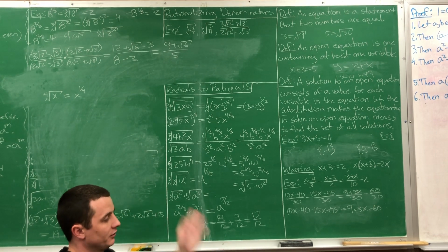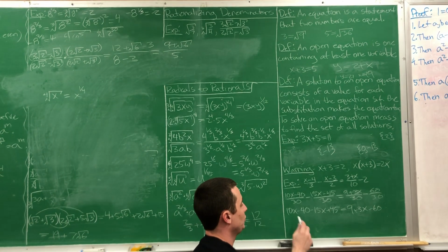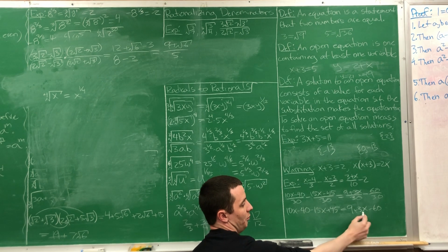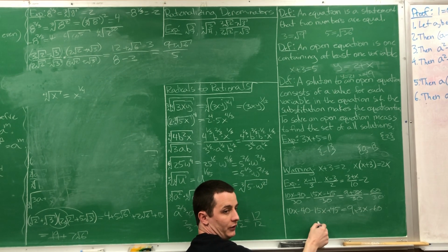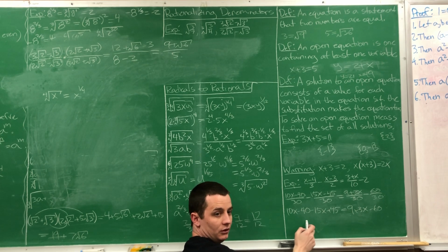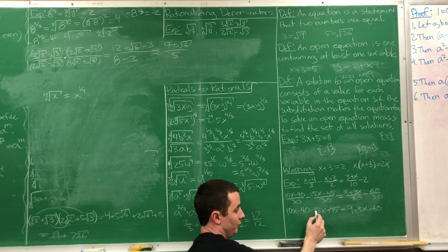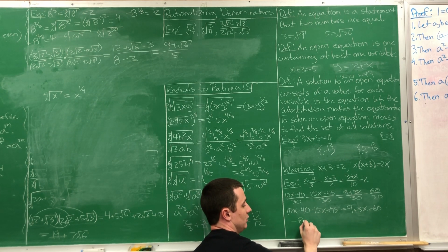Now, I'm going to move all my x's to the left and all my constants to the right. On the left we have 10x minus 15x minus 3x when we bring this over here. Everyone follow that? 10x minus 15x is negative 5, minus 3 is negative 8x.